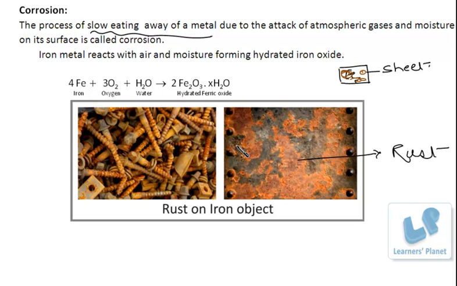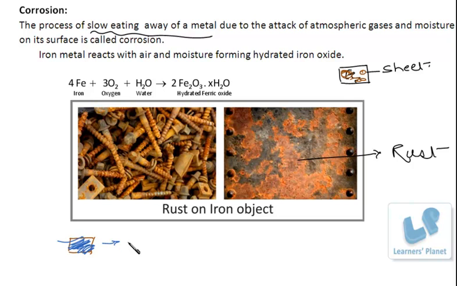In order to protect iron from getting corroded, what is done? It is painted. If you paint an iron object, what will happen? The surface will be protected. It will not be exposed to oxygen and moisture or to the atmosphere.